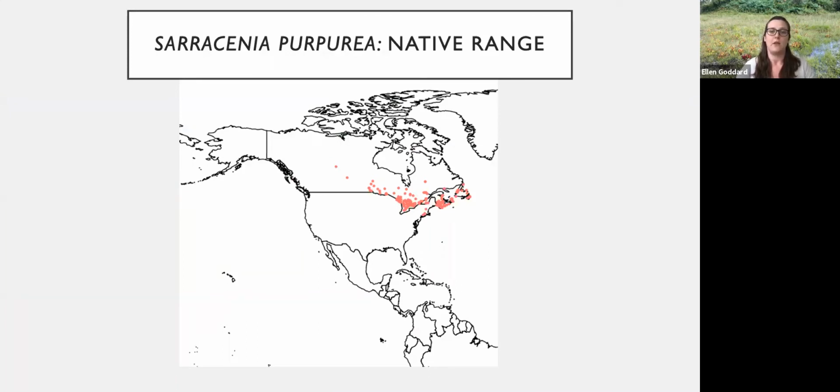And then as it goes further north, it comes inland a bit into northern US and into Canada. Now this is the most northern pitcher plant, and that is mainly linked to its ability to deal with frost and cold. So in the winter, in Canada, you can find this plant in really thick frozen ice, which is pretty unique in plants, that it can come back and survive after that.